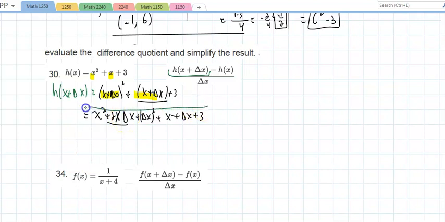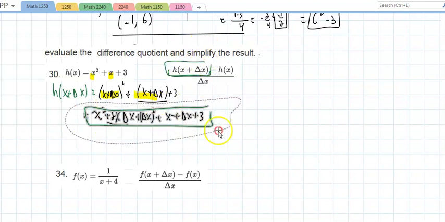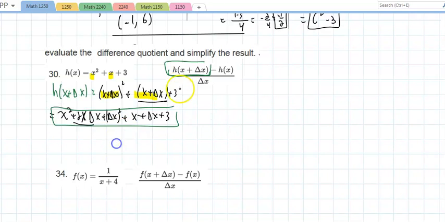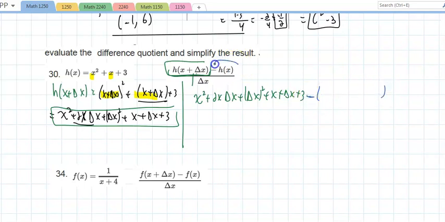Now I know that this right here is this right here. So if I replace it, x squared plus 2x times delta x plus delta x squared plus x plus delta x plus 3 minus h of x. Do you see h of x is just y? It's this.